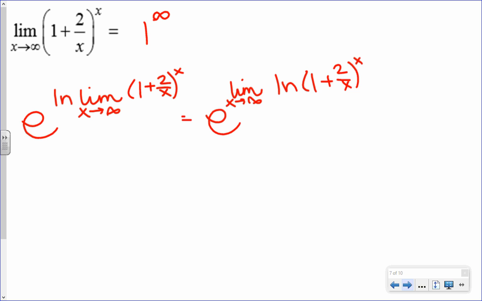The natural log of the limit is the same as the limit of the natural log. And then you can put the x in front.